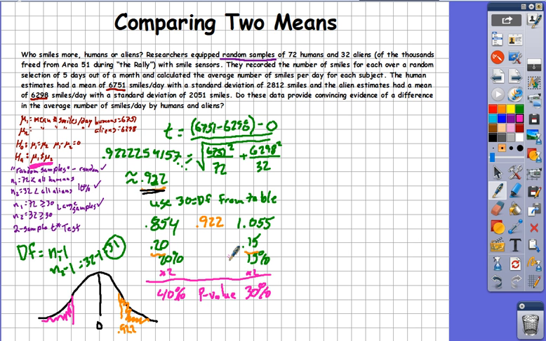So, do we reject the null or not? Well, if an alpha level is 5%, because the p-value, 40 to 30%, is greater than the alpha value, which equals 0.05, we fail to reject the null.